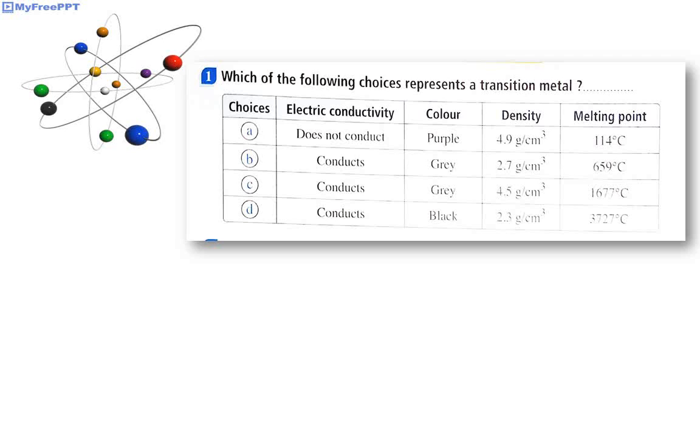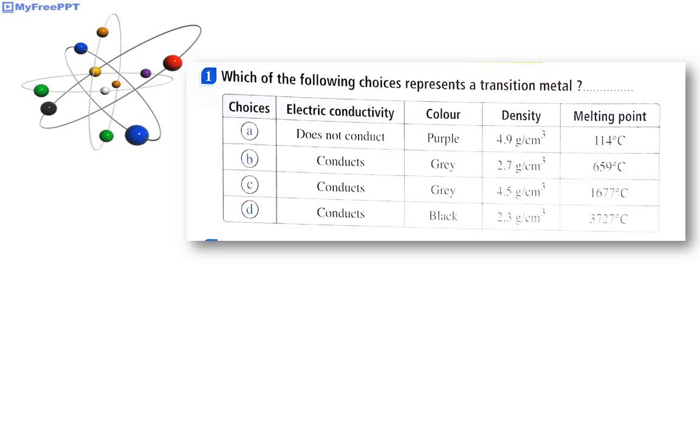We have here: all metals are good conductors of electricity. So the first one, A, will not be one of our choices. So we have here B, C, and D. Most of them have high density, so we go to one that is greater in density, but not very high.